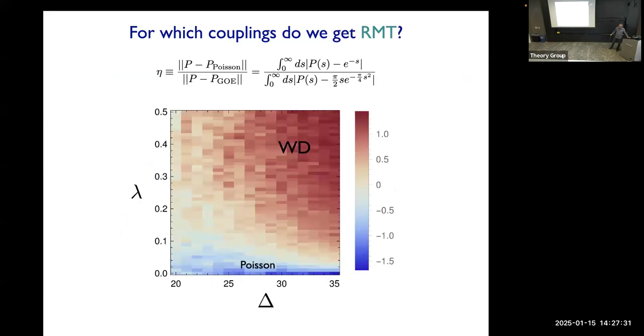And we also tried to compare, in what regime of couplings and truncations we have this Wigner-Dyson distribution versus an uncorrelated distribution, right, where energies are allowed to overlap. So we took a measure of that.